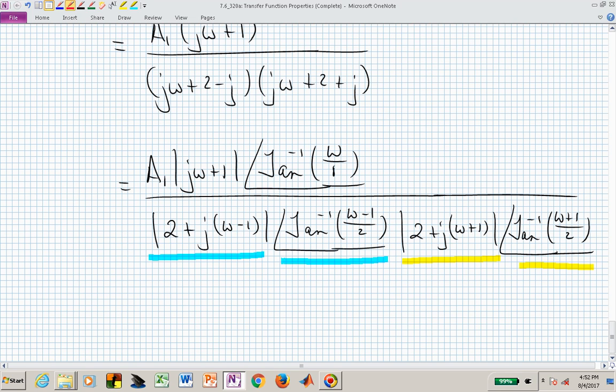Whether it's amplified or attenuated and how it's shifted in time depends on the magnitude and the angle of this expression at omega equal to 3. That will be what we need to take into our understanding when we start talking about Bode plots in subsequent videos.